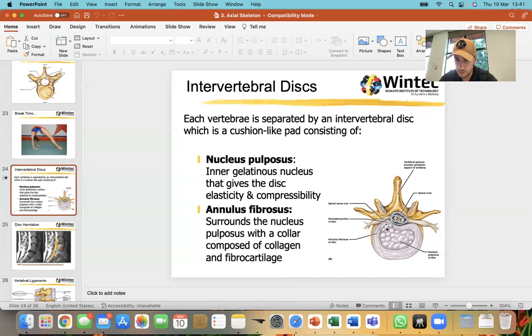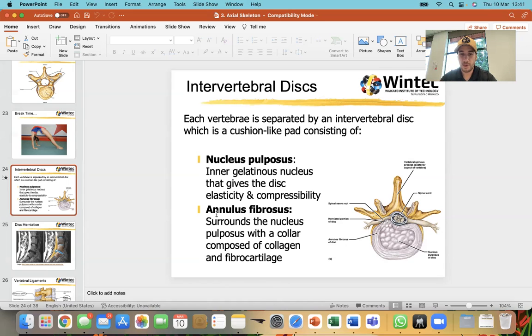We can see in this diagram that this whole area in the middle is that inner gelatinous nucleus. It's just like a whole lot of jelly, which gives it the ability to absorb the weight that sits on top of the body of the vertebrae.